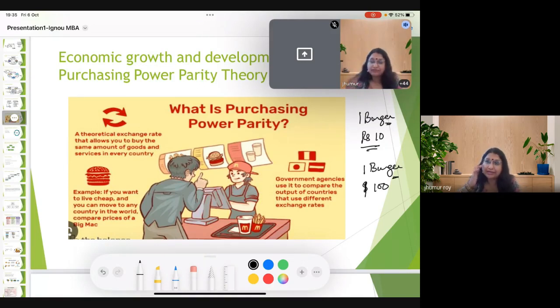So if you're taking any country, you want to see what is the price of the good there and what is the price of the good in another country. So that way we can match up with each other and find out what is the amount of money which we are spending on a certain good. Okay, so this is a very important thing.